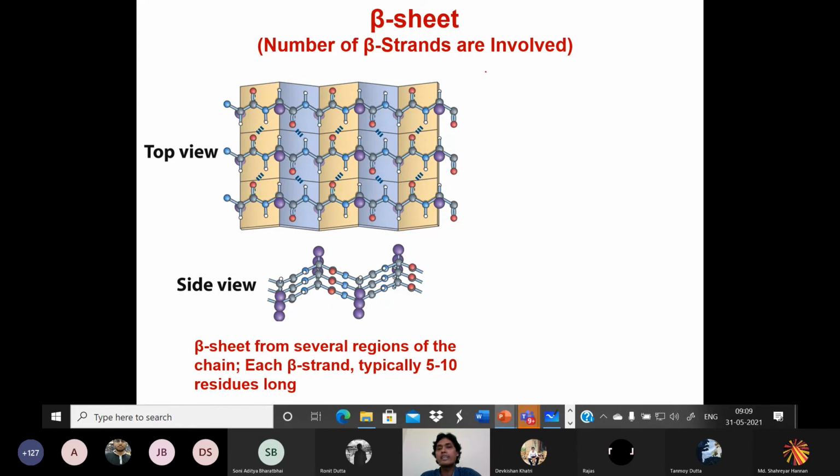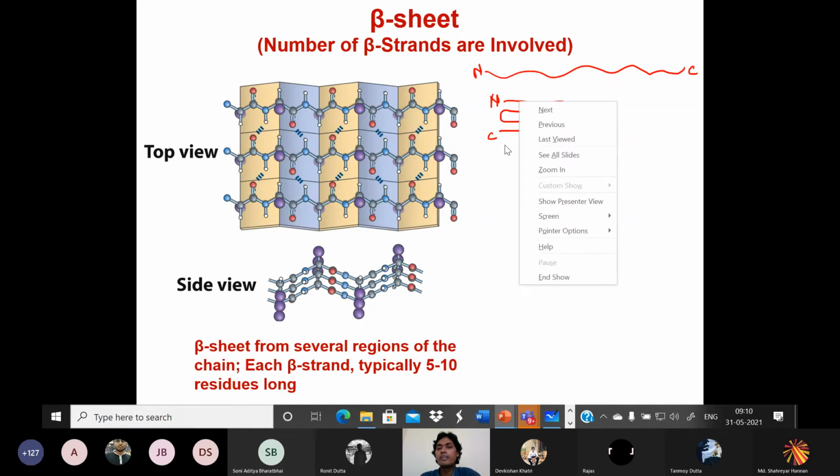If this is your N terminus and C terminus, you start here at the N terminus, then it comes back like this, again comes back like this, and this is the C terminus. I'm just giving an example. Now hydrogen bonds form between residues present here and here in the strands.